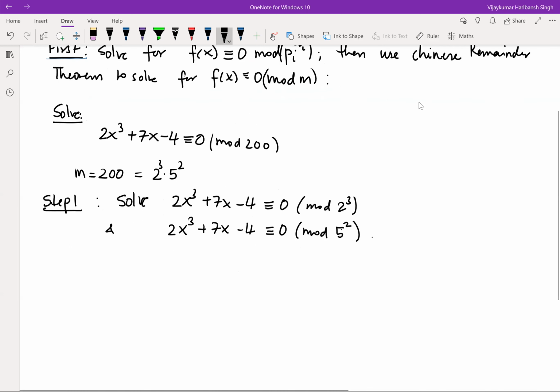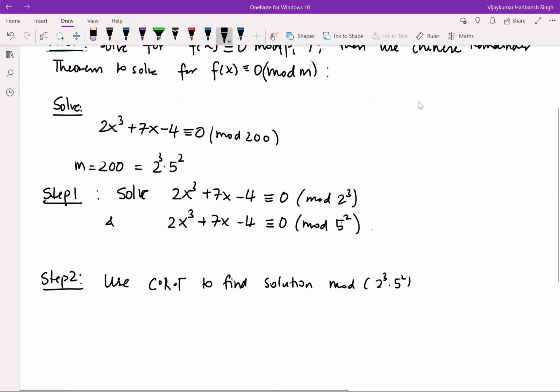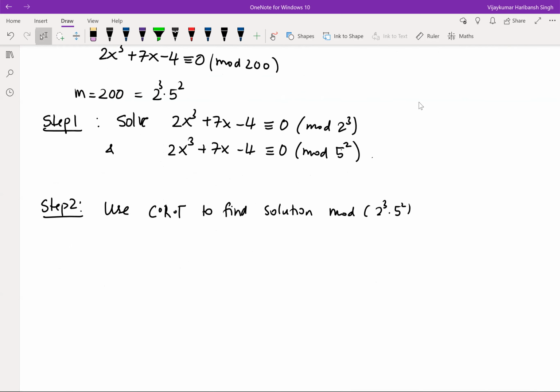Then step 2, use Chinese remainder theorem, or CRT, to find the solution mod 2 cubed times 5 squared. Okay, so let's look at the first step.